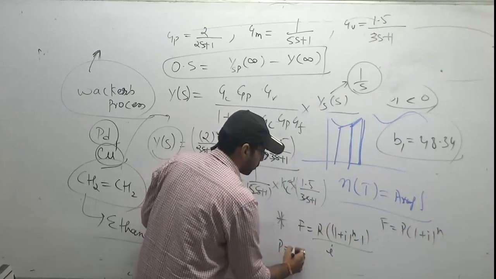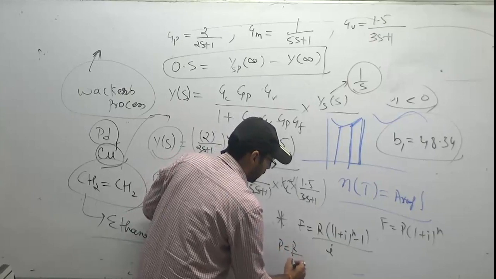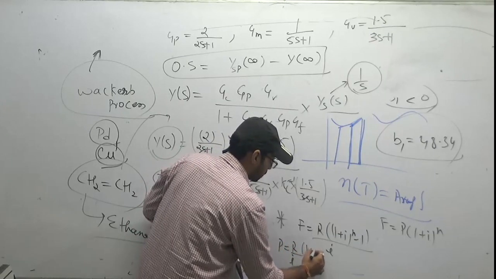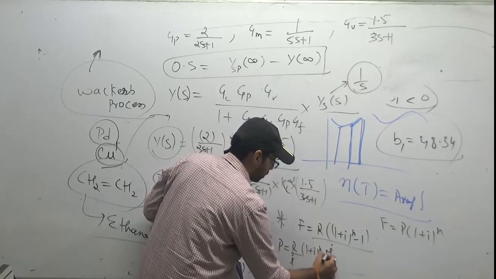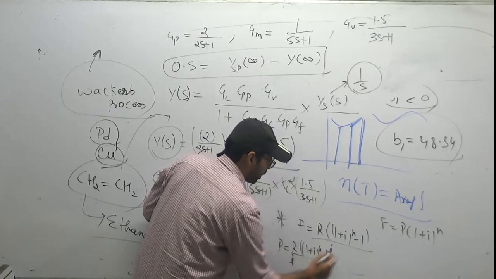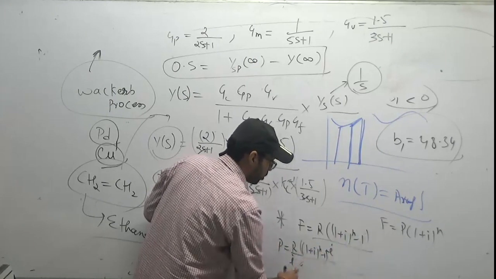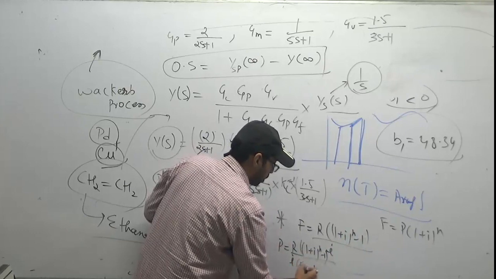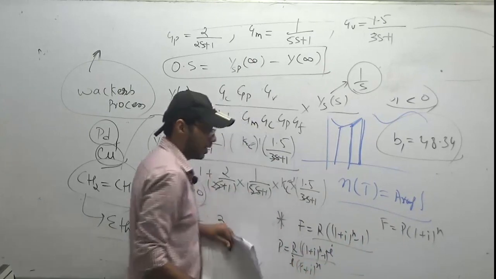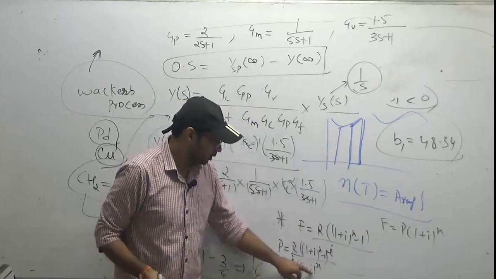P is equal to R divided by I, (1 plus I) power n minus 1, divided by I into (1 plus I) power n. Right? So, this is the thing.